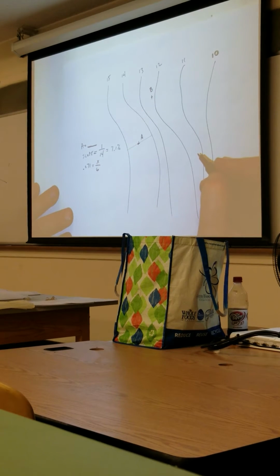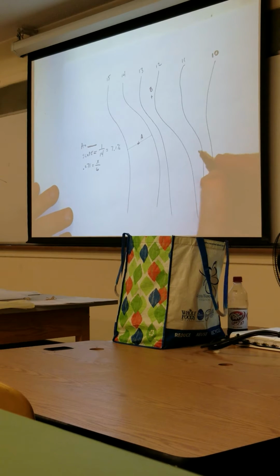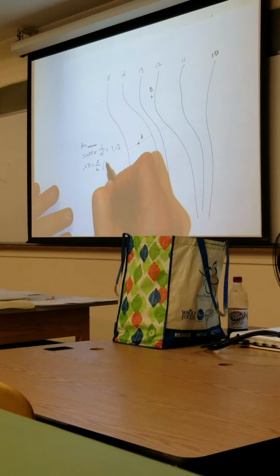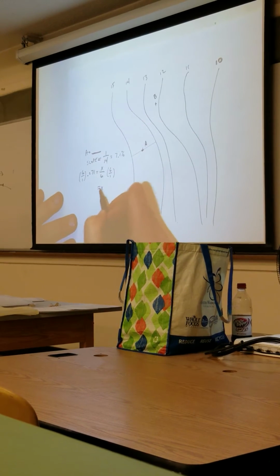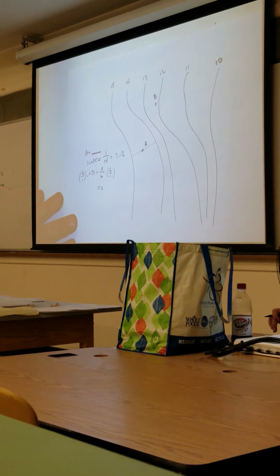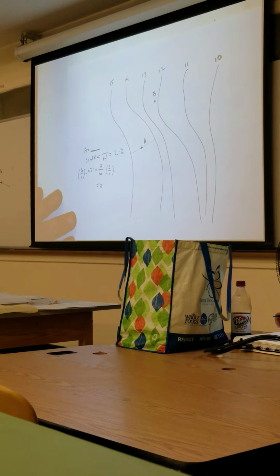I don't know the run or the rise. So if I take that and multiply both sides by x, or by 6, x is equal to 0.426.